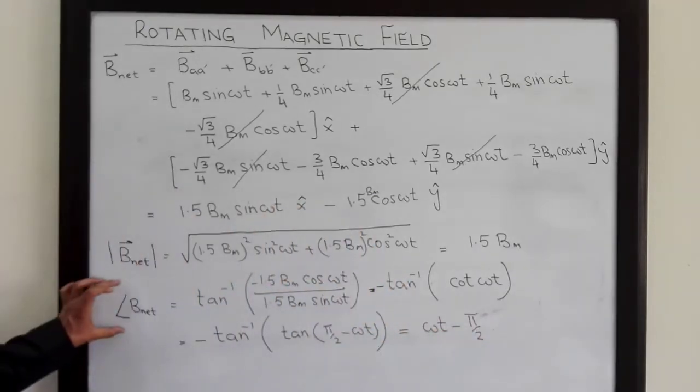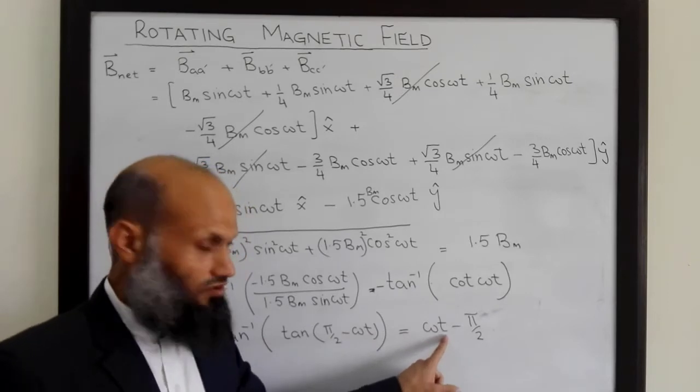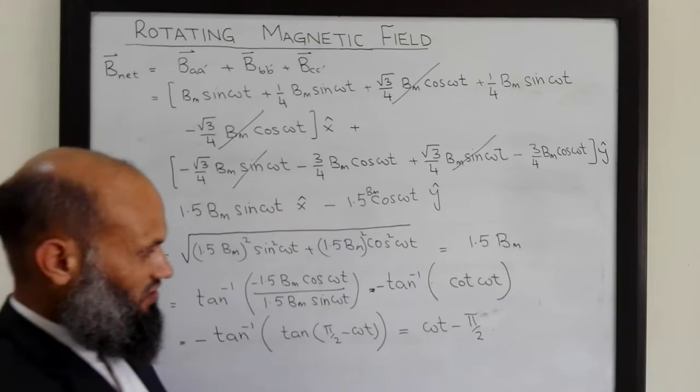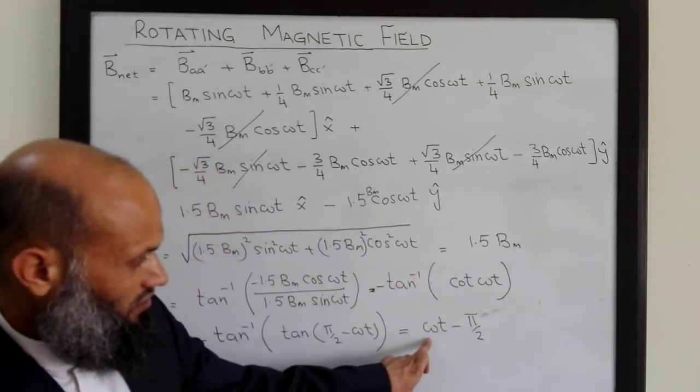That is the angle of this resultant flux density vector that is changing with time. That is, the resultant vector will be rotating with time. In which direction?